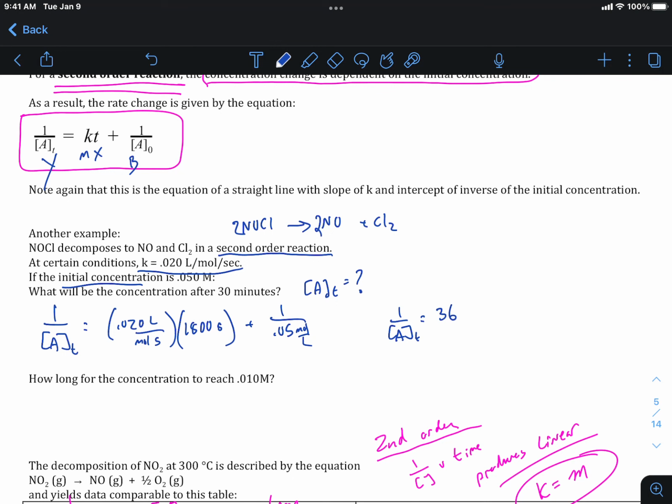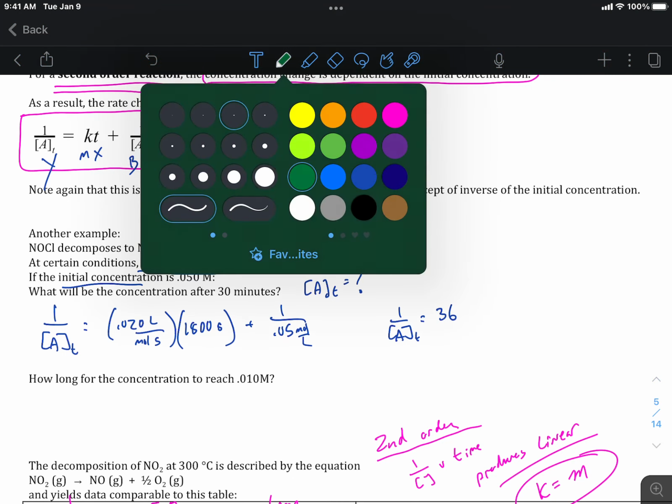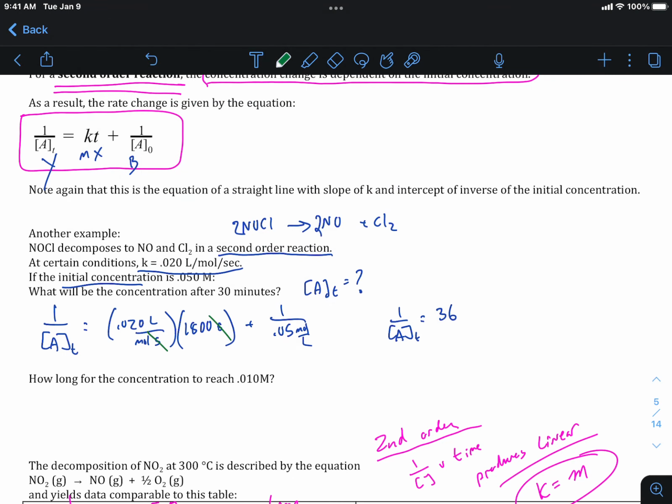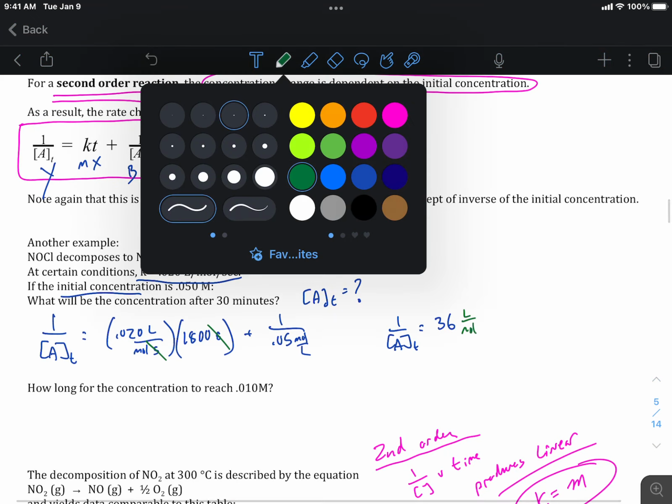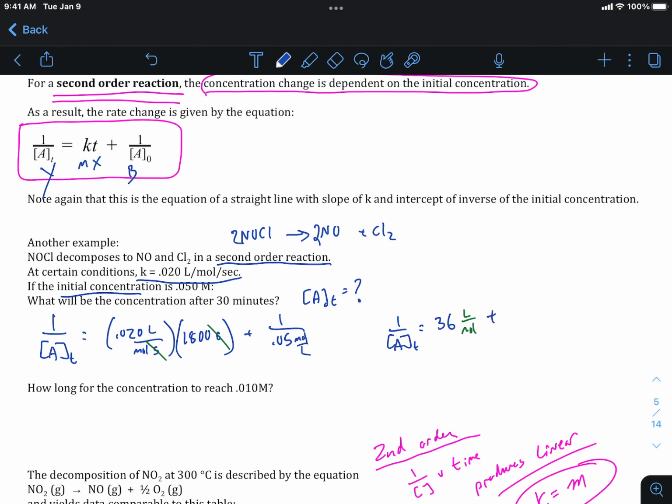is 36, and if you pay attention to the units, the units are inverse molarity, liters over moles, plus 1 over 0.05, which is 20.